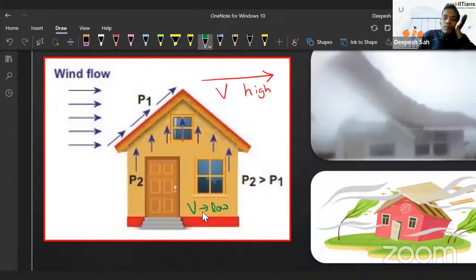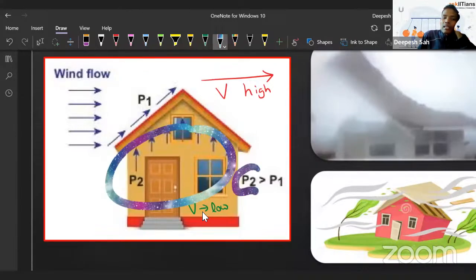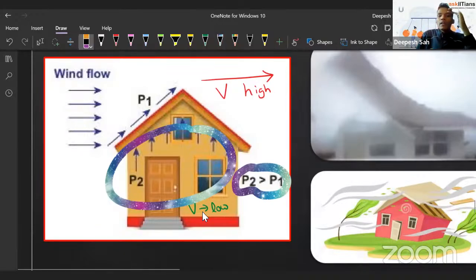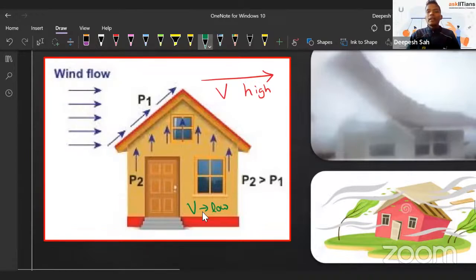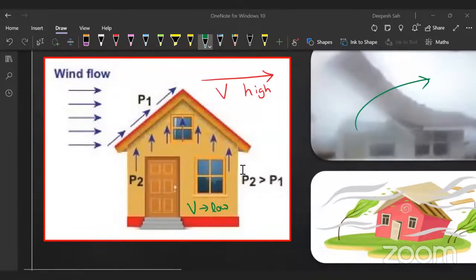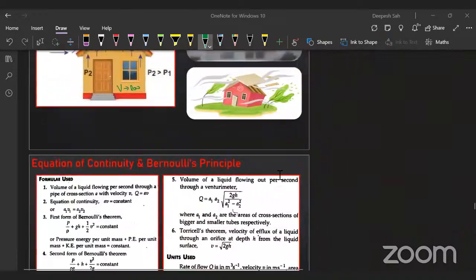So the pressure inside the house becomes bigger compared to the pressure outside. Low velocity, high pressure; high velocity, low pressure. That's why it pushes the rooftop in the upwards direction and it gets blown away. Getting my point? Yep. Yes. So this is the same thing happening in all the situations.